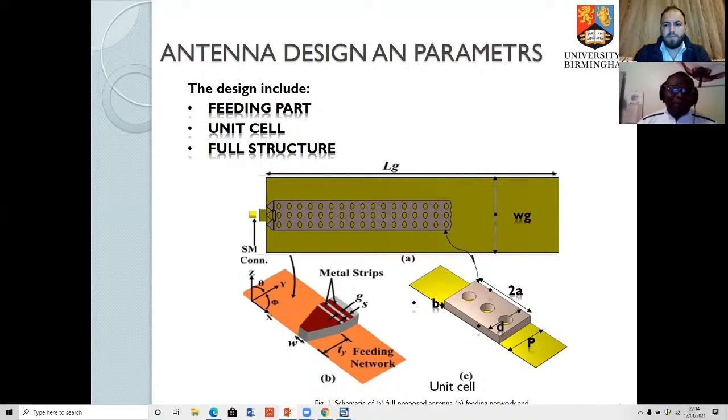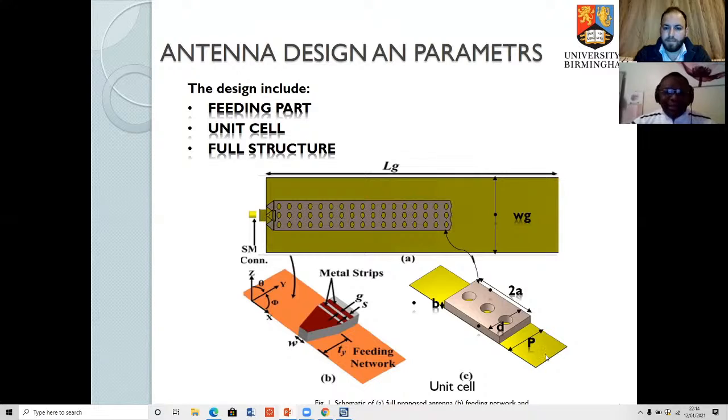When I'm talking about the full structure, as you can see, the antenna has a ground which we've labeled with some parameters. Those parameters are very important to achieve the desired scanning capabilities we discussed earlier on. But before you can design this, you need to know a few areas concerning this antenna.